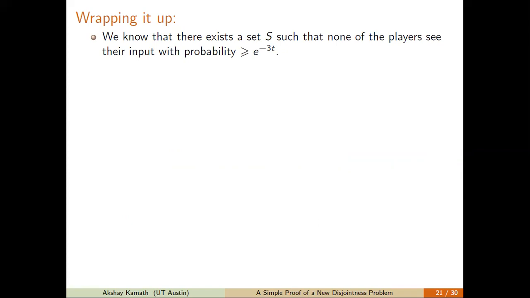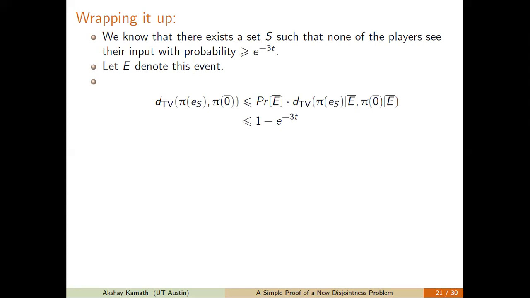When this is the case, using the lemma that we proved earlier, we know that there exists a set S such that none of the players in that set views their input with probability greater than or equal to e to the negative 3t. Let E denote the event that none of the players view their input.